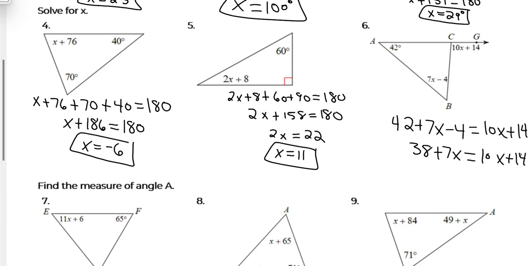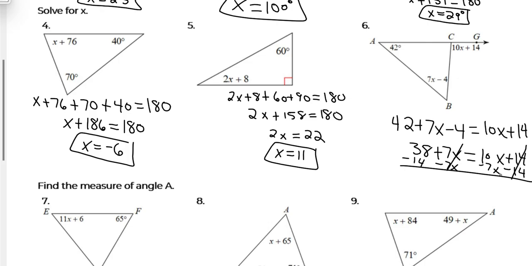I'm going to go ahead and do the next two steps in one. I'm going to subtract 7x from both sides, and I'm also going to subtract 14 from both sides. What that's going to do is move the variables on one side and then the constants on the other side of that equal sign.